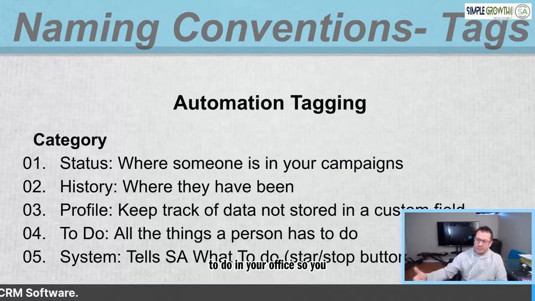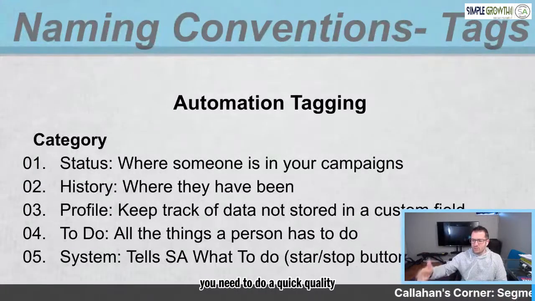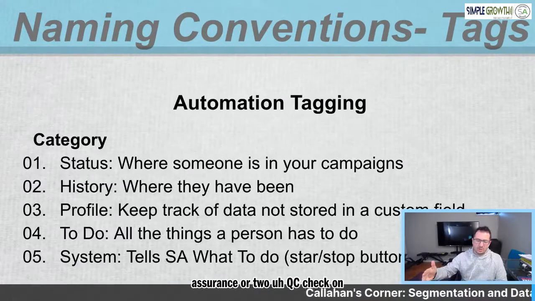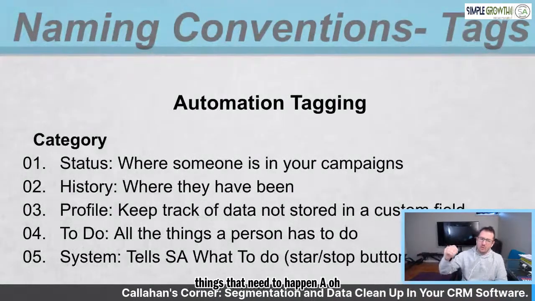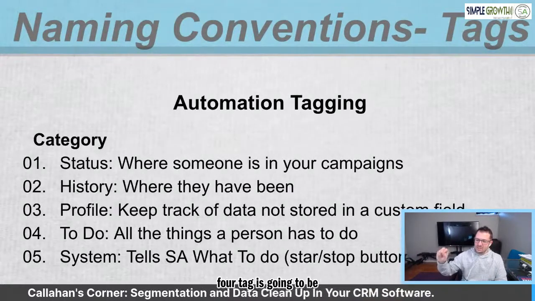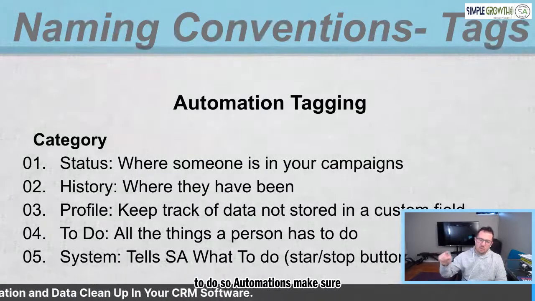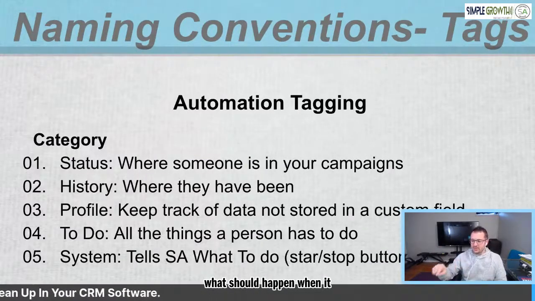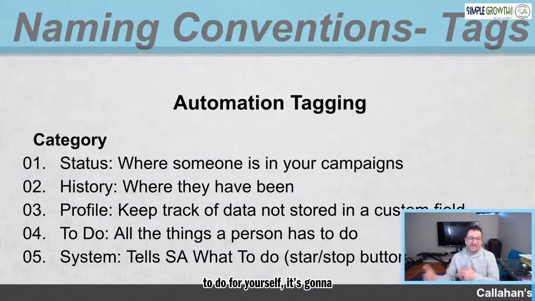So you need to follow up on a phone call. You need to book the job. You need to do a quality assurance or QC check on the property. Whatever those things that need to happen, a 04 tag is going to be something a person physically has to do. So automations make sure what should happen, when it should happen, without the business owner, manager babysitting it. And if you're doing tickets to do for yourself, it's going to hold yourself accountable.